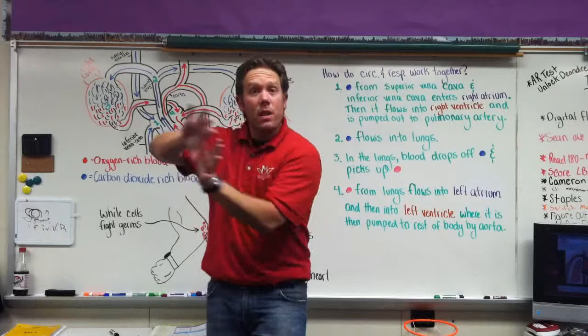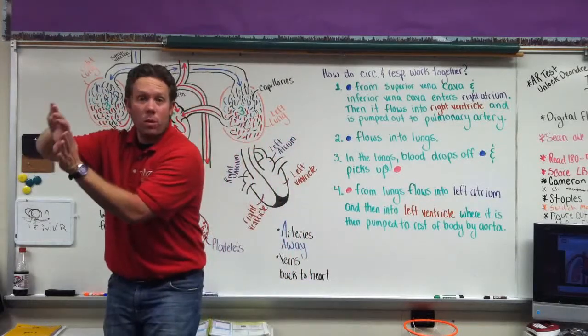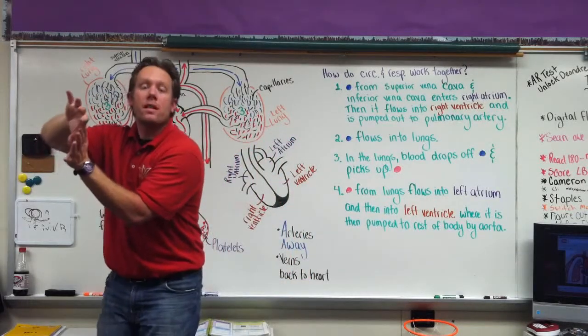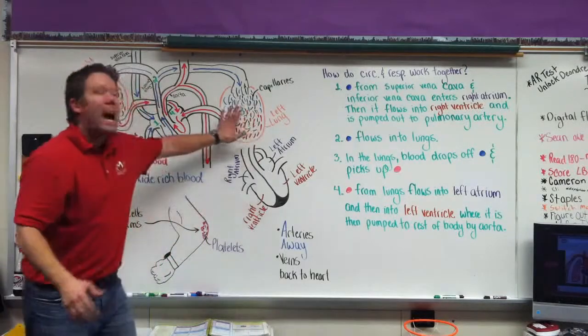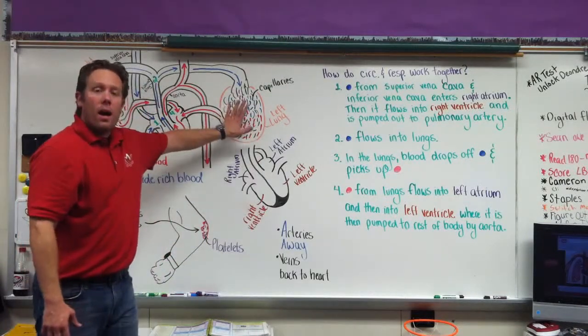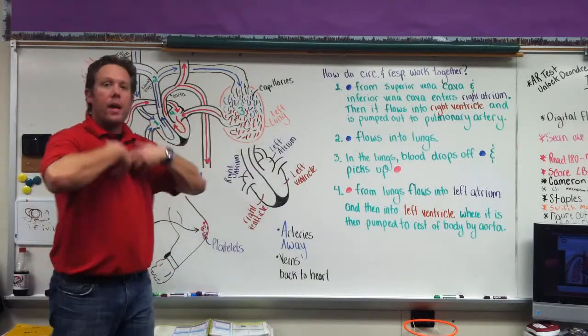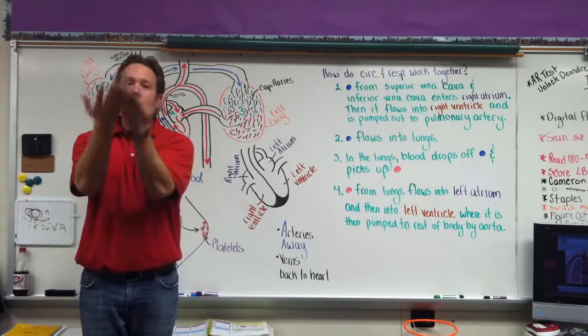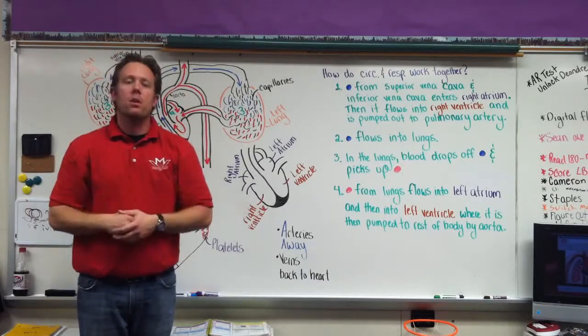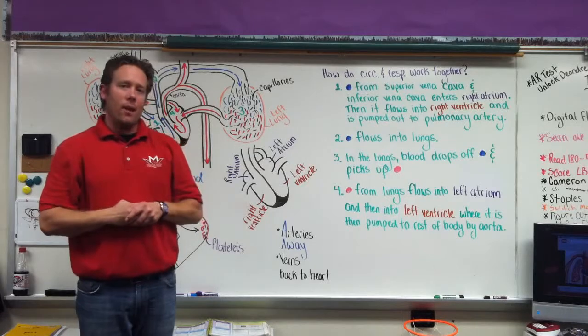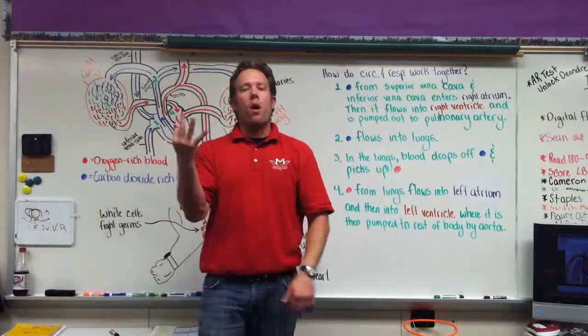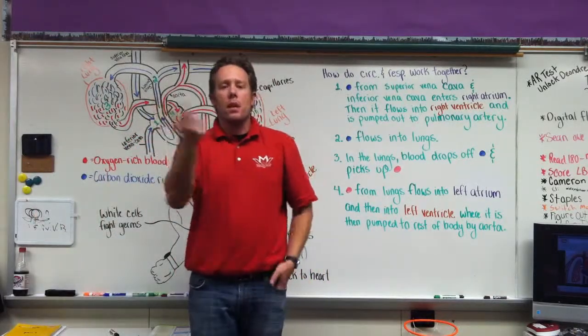What gets released is carbon dioxide, which is a waste, which the circulatory system takes back to the lungs and the alveoli. We are able to release it, and then the whole system starts all over again when we inhale. So that's a quick review of how these three systems work with one another.